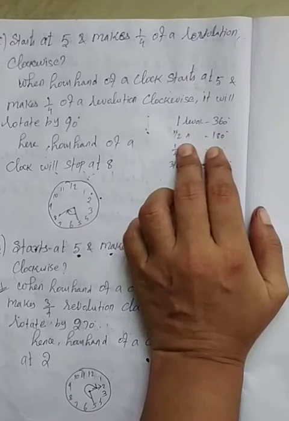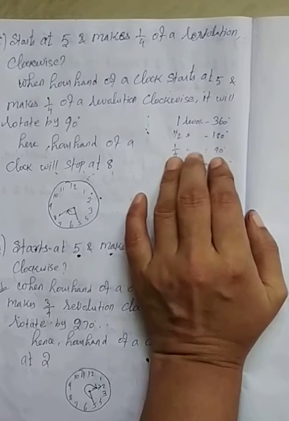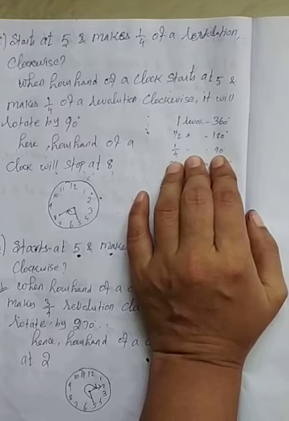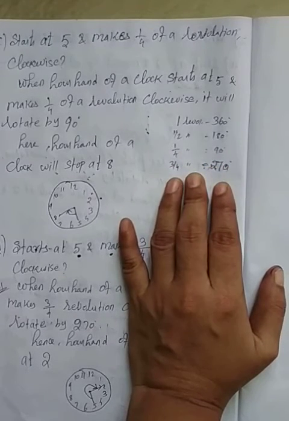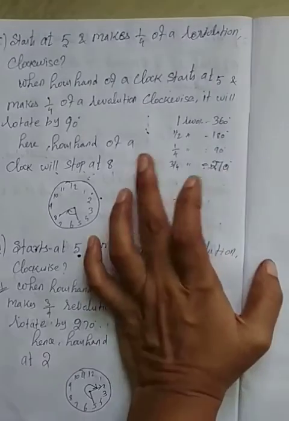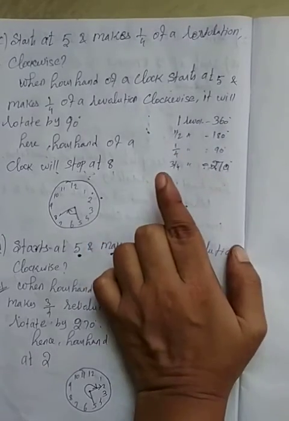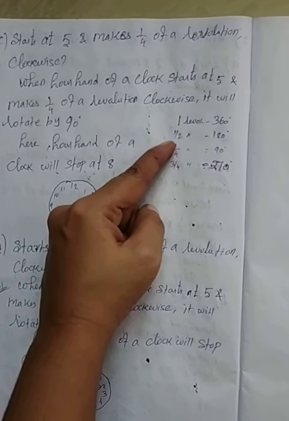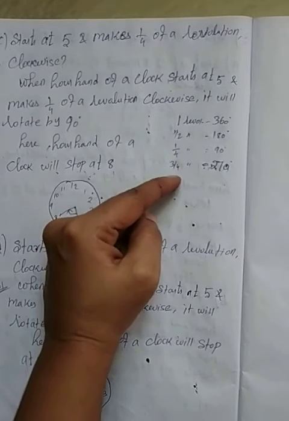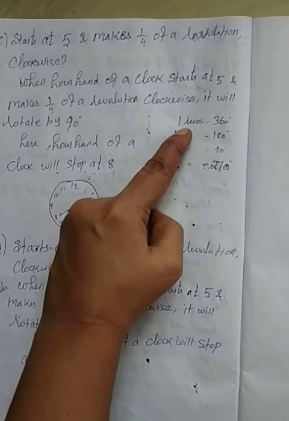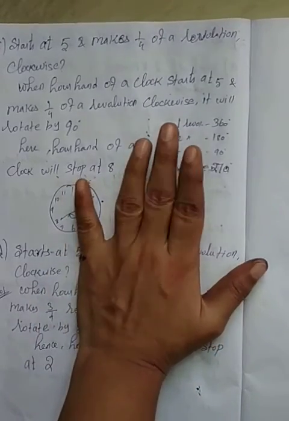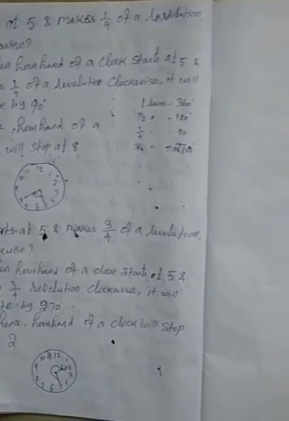This is a circle, this one is a straight line. And 1 by 4 means 90 degree, that means right angle. 3 by 4 means 3 right angle, 270. Okay, 1 by 4 means 1 right angle, 1 by 2 means 2 right angle, 3 by 4 means 3 right angle, 4 by 4 means 4 right angle. Now everybody clear? Okay.